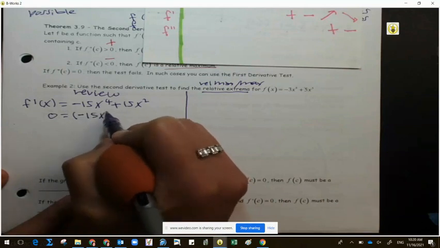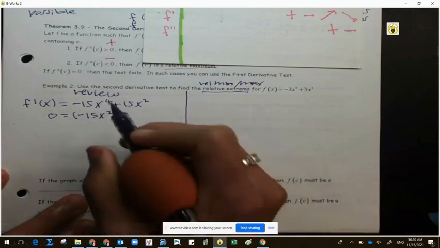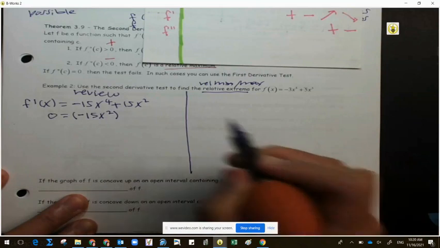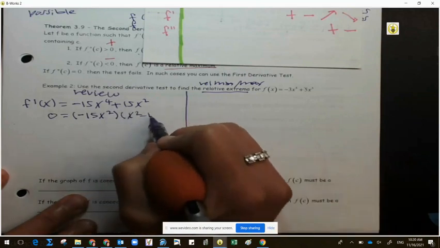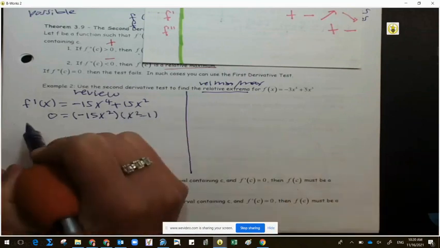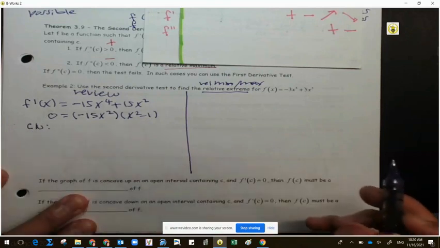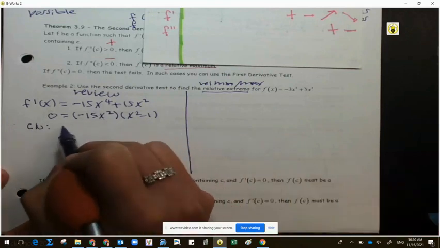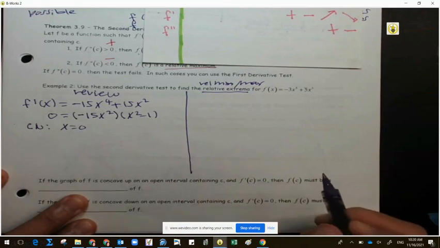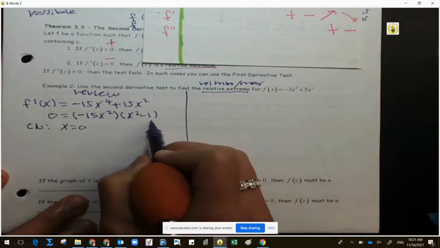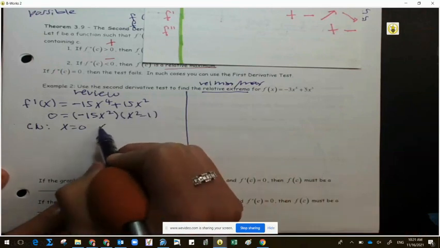That's just my preference. If you want to take it as positive, we'll get the exact same answer. Not a big deal. So I have x squared times 1 minus x squared. Now we have our critical numbers. When I set the first factor equal to 0, we get 0. How many critical numbers will the second one give me? 2 of them, plus or minus 1.